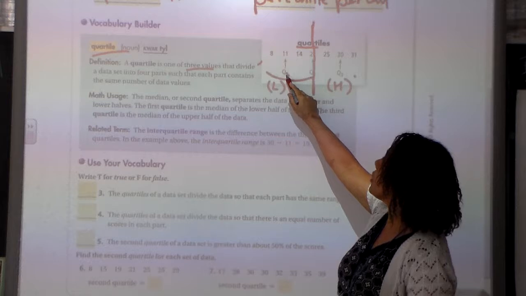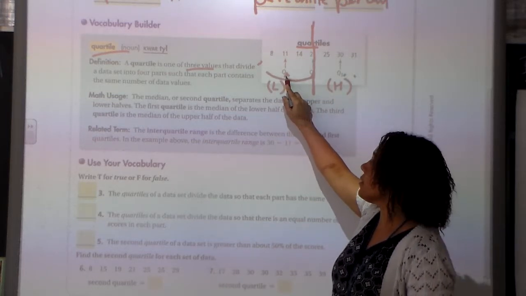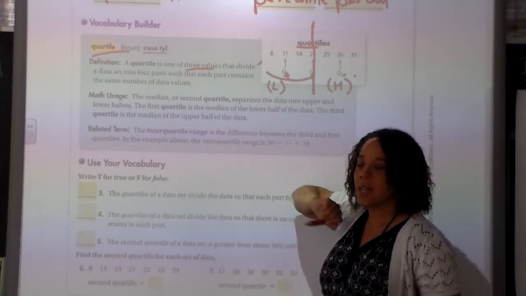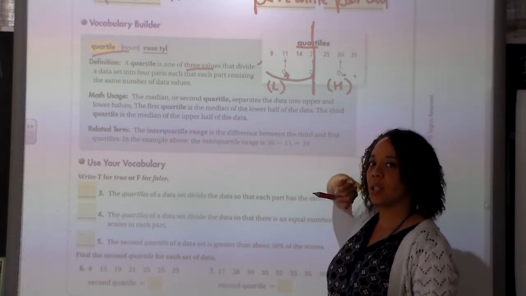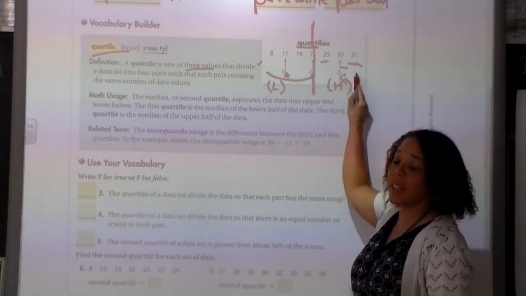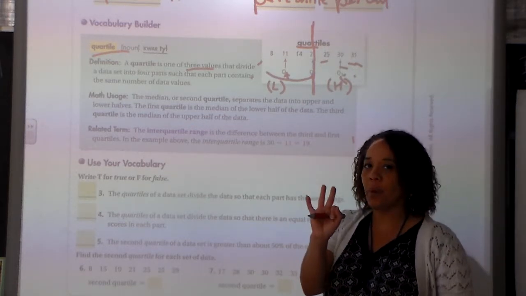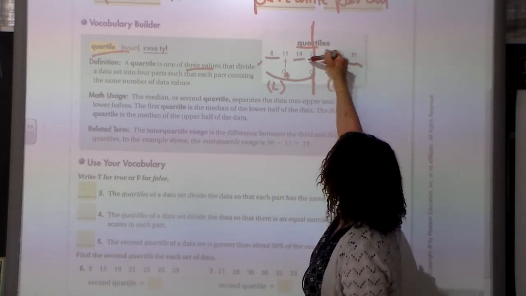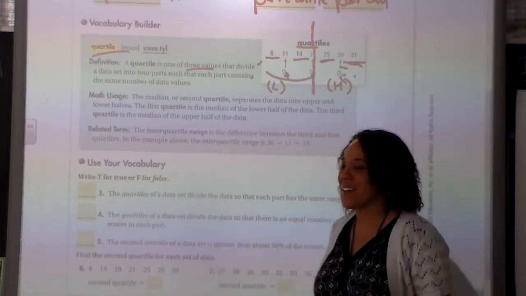The first is half of the first half of the information. The second is half of the whole set of information. And the third is the halfway point for the upper half of the information. So there's three different points where we're making a mark here. But notice it does divide our information up into four parts because 3 breaks makes 4 separate sections.